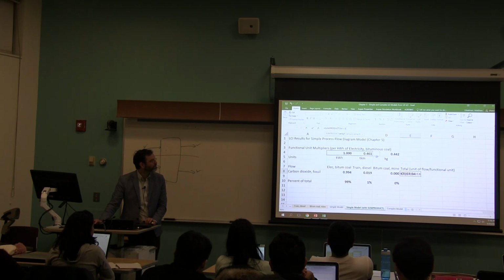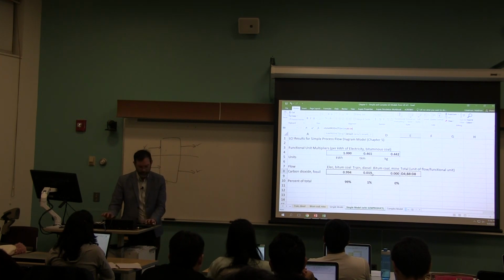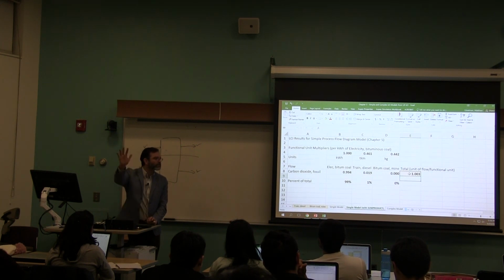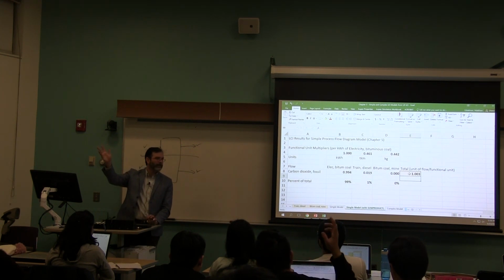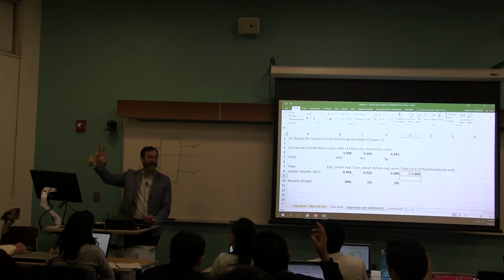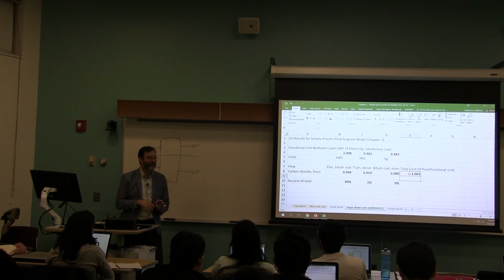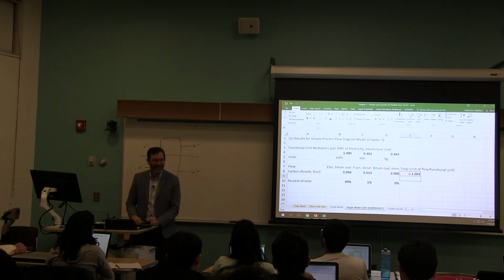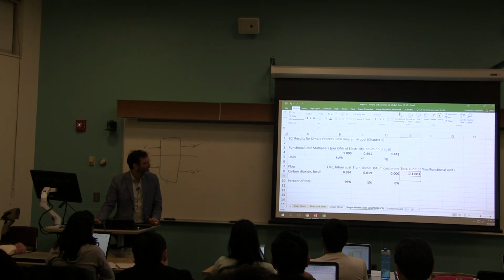So this is your first array, and you put comma, and then your next array. Close parens, and you'll get the same number, 1.003 kilograms of CO2. So how many of you have used SUMPRODUCT in Excel? It's going to be really useful for us when we're building our Excel models, as they get more advanced, and they will get much more advanced.